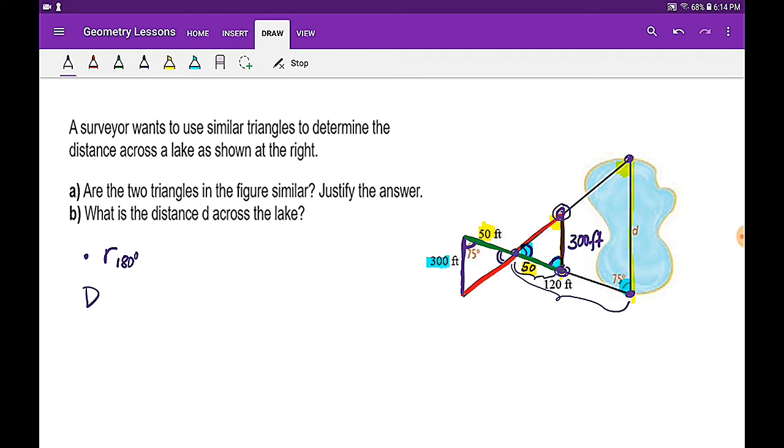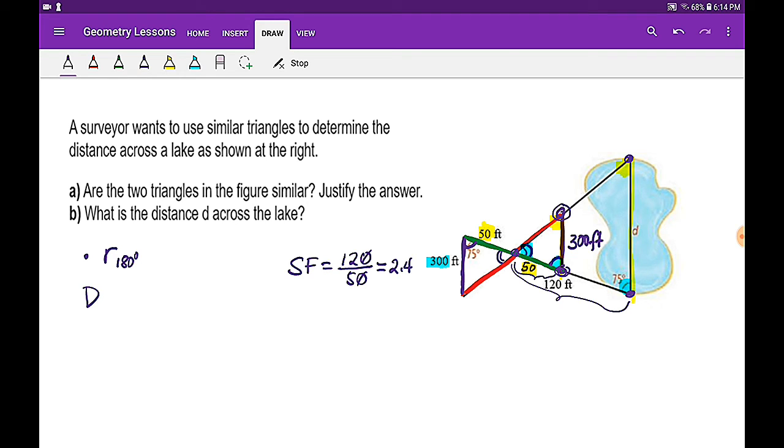So the scale factor is equal to the length of the image over the length of the pre-image. That is 120 over 50. Let's just get rid of the zeros there. So the scale factor is 12 over 5, which actually simplifies to 2.4.